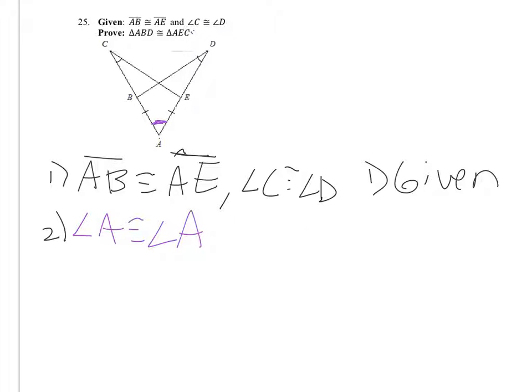So angle A is going to be congruent to angle A. Reflexive. Just be aware, make sure that if you do not have this, I will mark it wrong. If you stated an angle and should have had 3 letters instead of 1, I will mark it wrong.